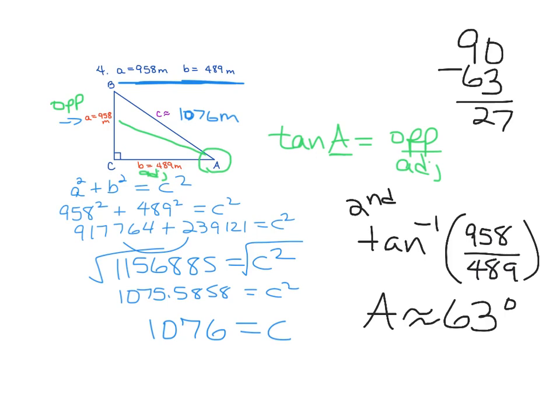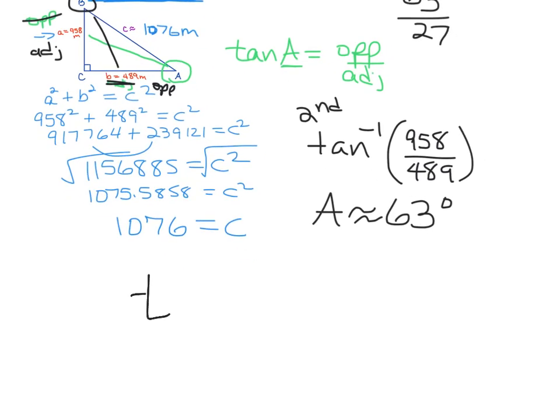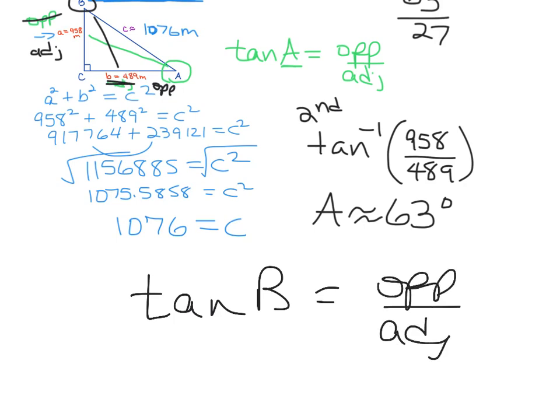However, if you want to do another trig function, now we're going to talk about angle B, and this label here is now opposite when we're talking B, and this is adjacent. So tangent for angle B, again, is opposite over adjacent.